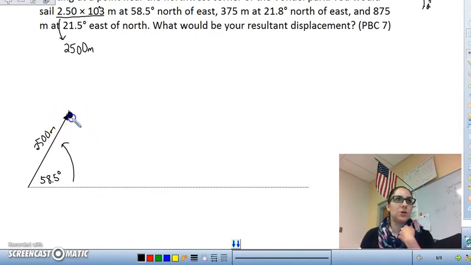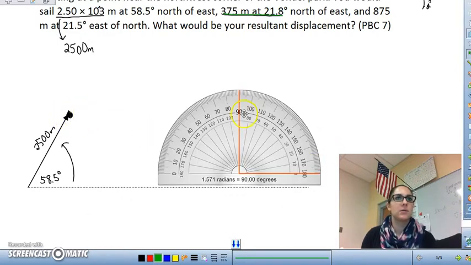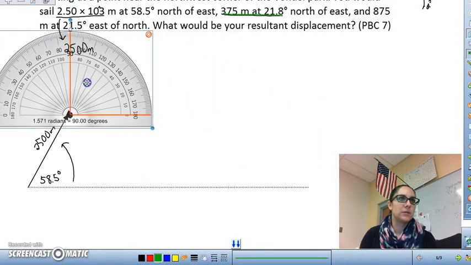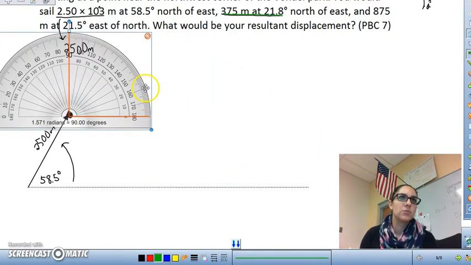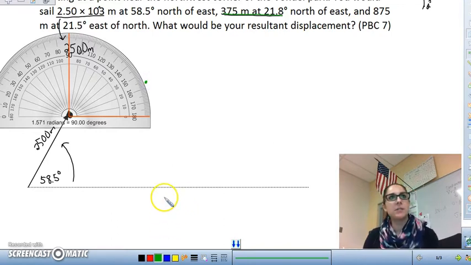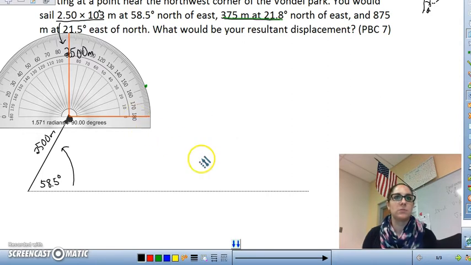Now the next one, we start right here, and then we're going to measure the angle of this component. So I'll just do it in green. So right here, I'm going to put the protractor back. So at this location, and 23, so that's 20, so 23 is roughly here. And this is 375, so I'll try to draw it a little better to scale, meaning this is going to be significantly smaller in terms of measuring the distance.